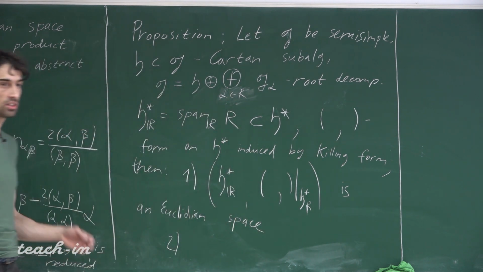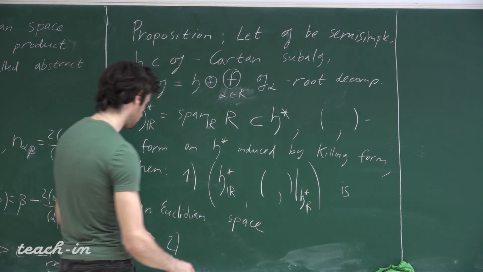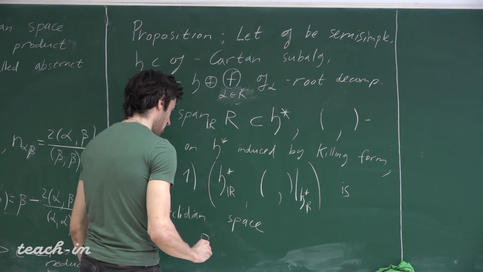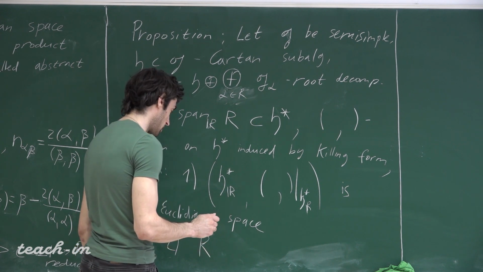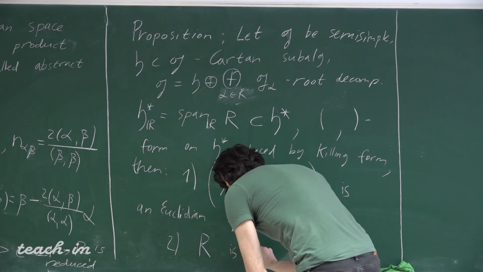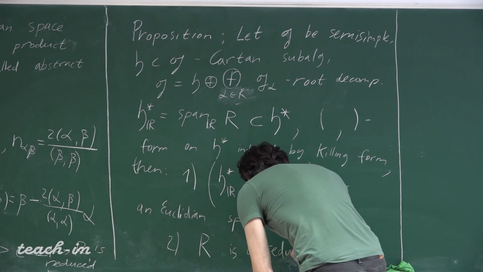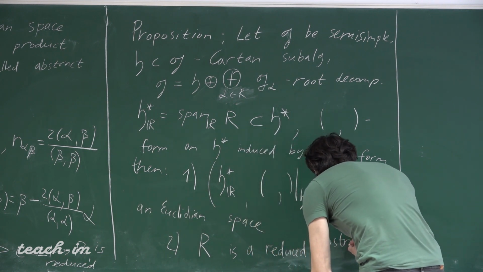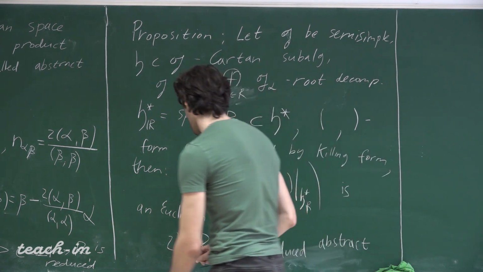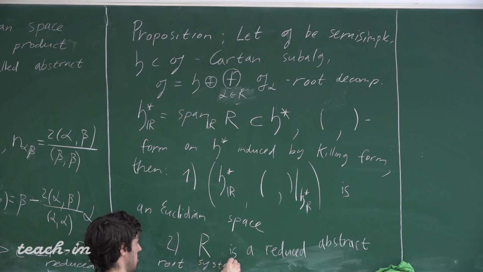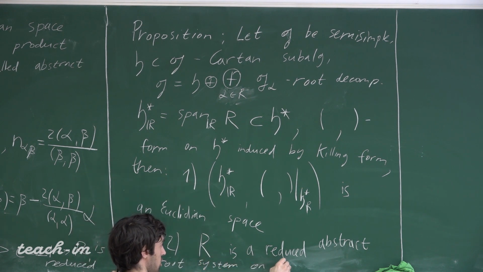And the second, that R is a reduced abstract root system on H star R.